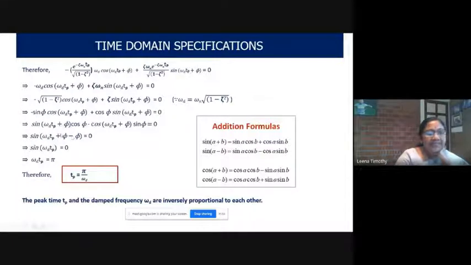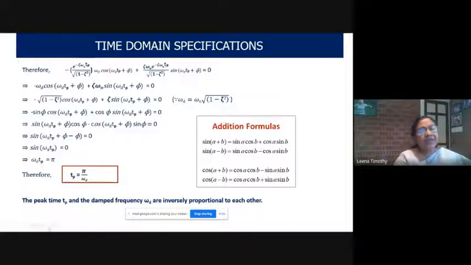Then rearranging and using sin(a minus b) is equal to sin a cos b minus cos a sin b, you will get sin omega d Tp is equal to 0. So we have to take omega d Tp equal to pi as the acceptable solution.